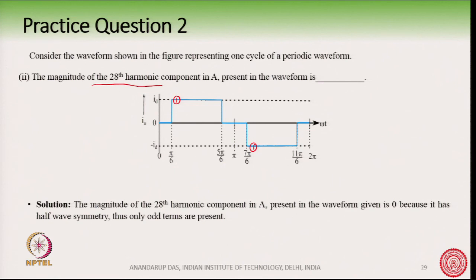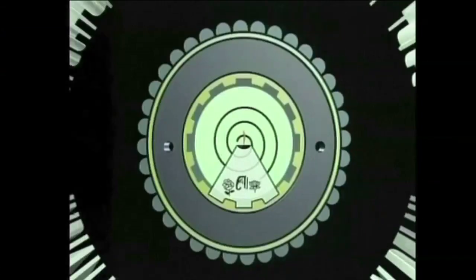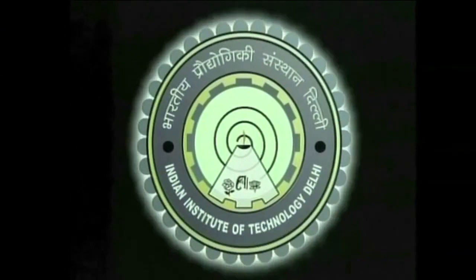Therefore, this waveform has half wave symmetry and even harmonics cannot be present, and so the magnitude of the 28th harmonic is 0. This is the answer, 0 magnitude.